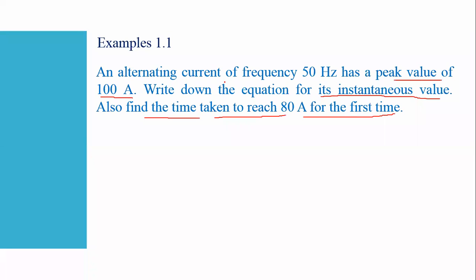One alternating current waveform is given, which has a frequency of 50 Hz. The peak value is mentioned as 100 ampere, and first of all we have to write the equation for the instantaneous value, and then we have to find the time taken to reach 80 ampere for the first time.